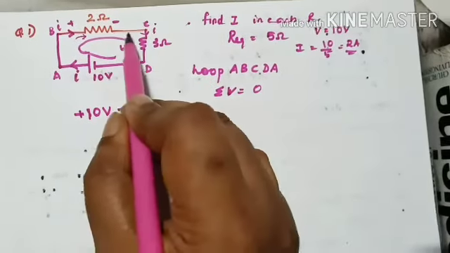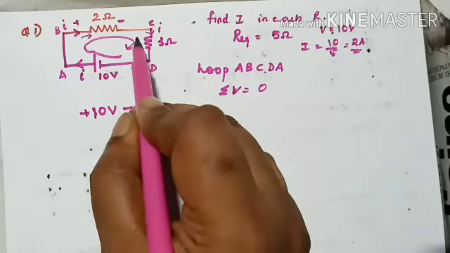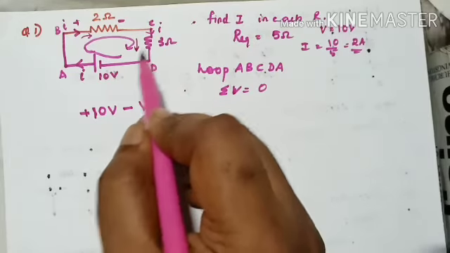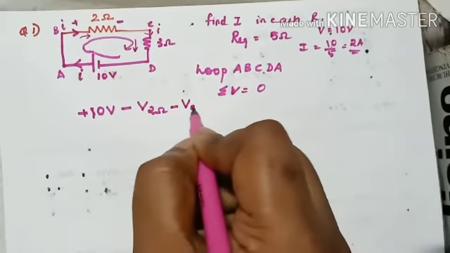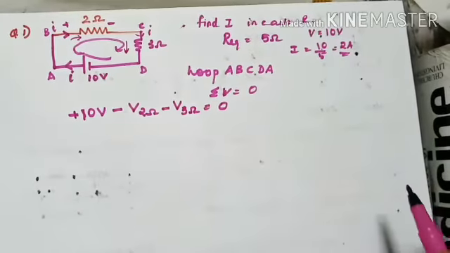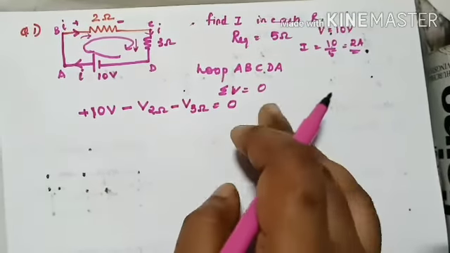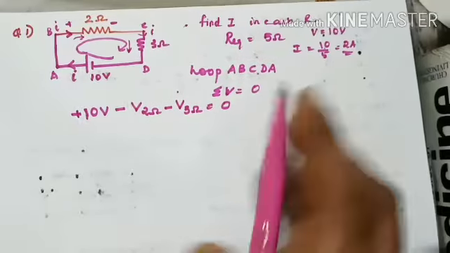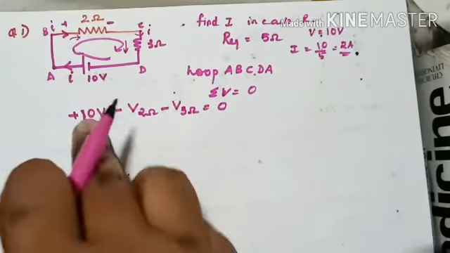Now the same current has reached the 3 ohm, and I am moving in the same direction as the current, so again it is minus the voltage across the 3 ohm, and as per KVL the sum of all these is equal to 0. There are only three circuit components: the cell and two resistors.